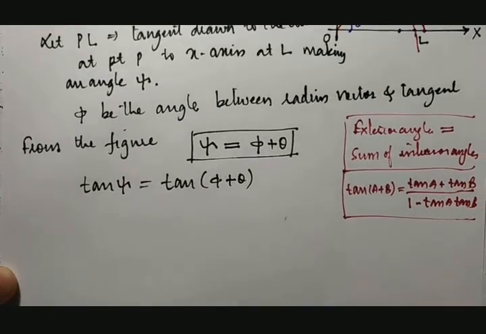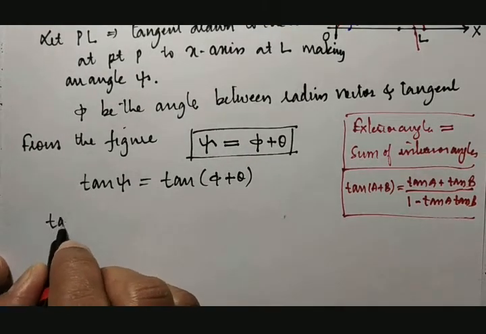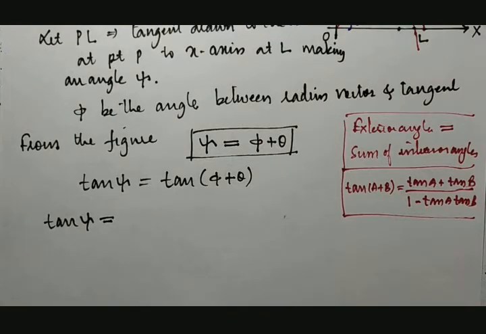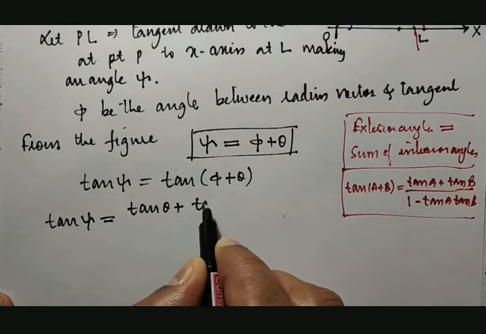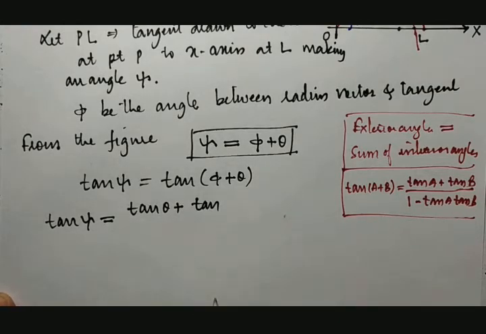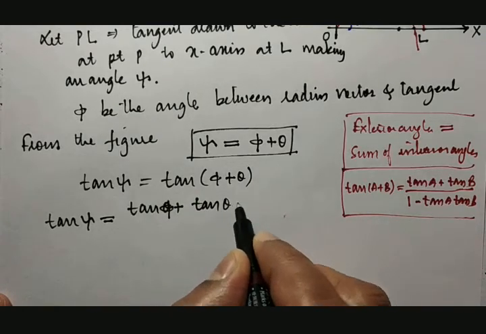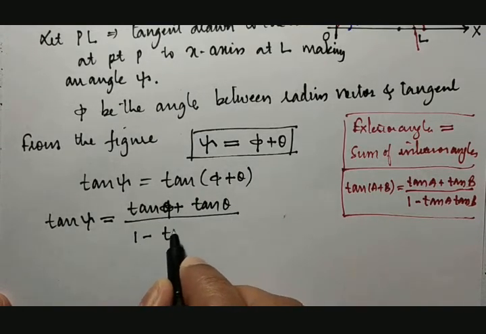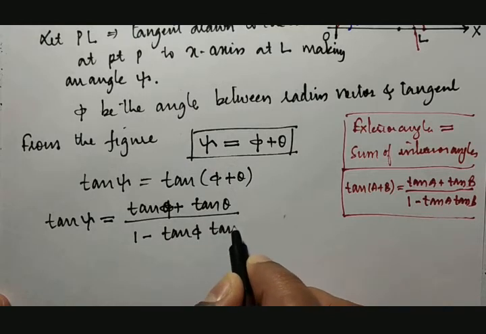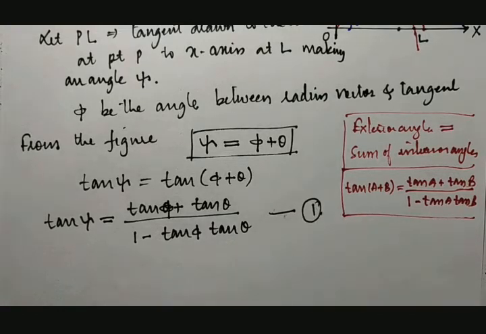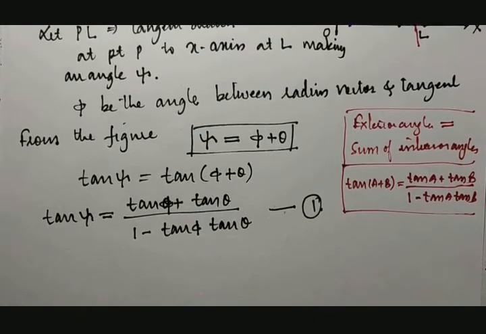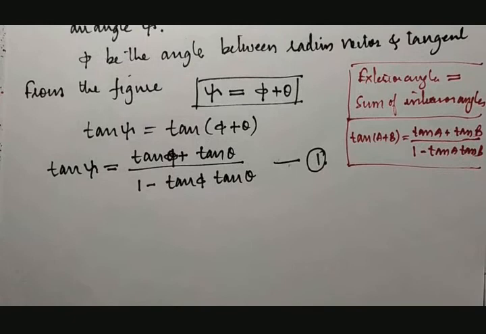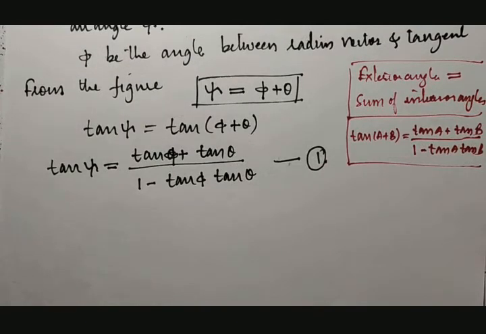As per that, tan psi is equal to tan phi plus tan theta divided by 1 minus tan phi into tan theta. I'll be calling this equation number 1.